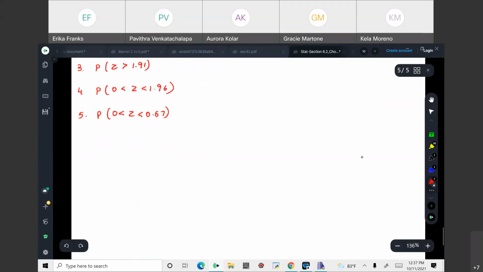So this is the first one, and the next is to find the z-score.